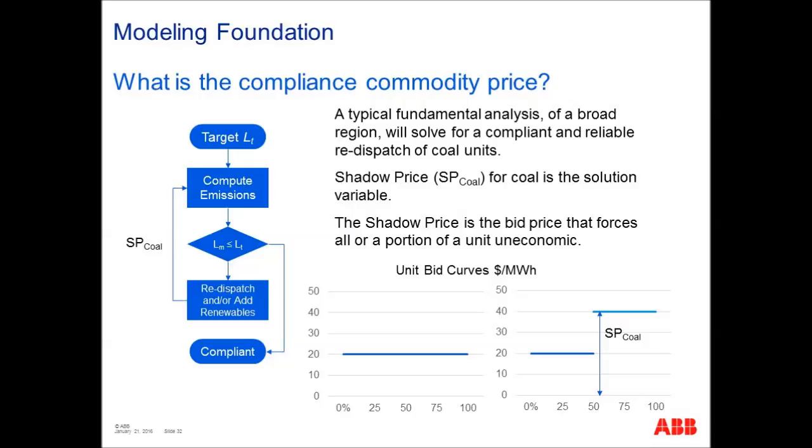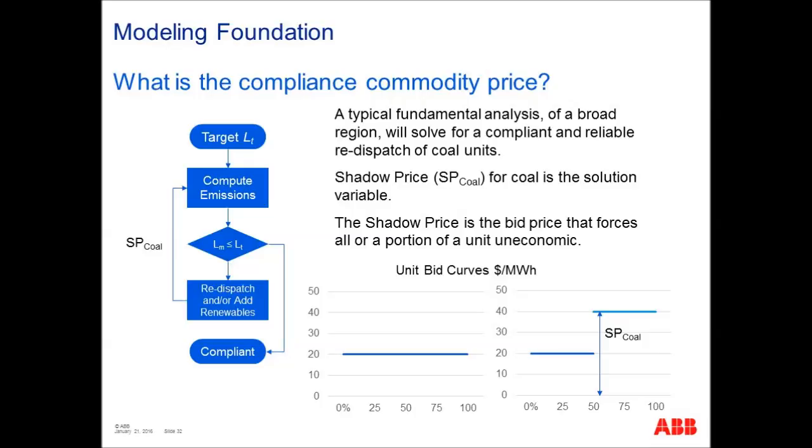And basically, a typical tool will solve for compliant and reliable redispatch of the coal units. And it's going to do that using a shadow price of coal. And basically, that shadow price is going to force all or a portion of that unit uneconomic. And so, in this example, we want to reduce our coal generation by 50%.